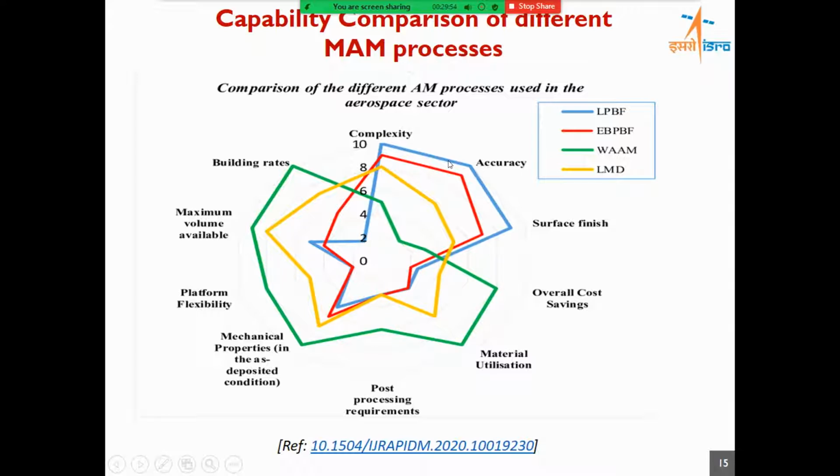So you have to take a call on which technique is applicable depending on the part complexity, accuracy and surface finish you require. Or in case you are looking for cost savings, you can go for wire arc additive or laser metal deposition. So that has to be a measured call, which technique you want to apply.